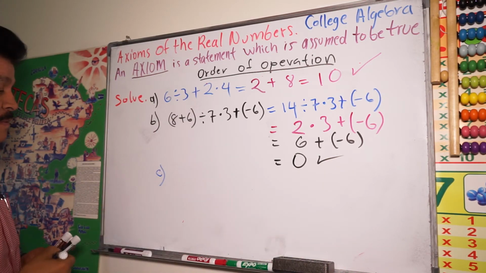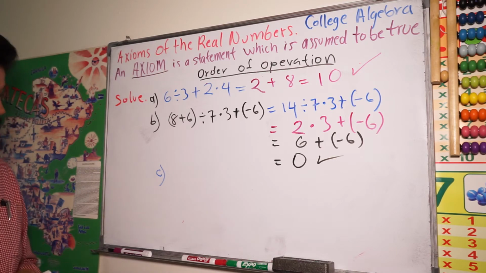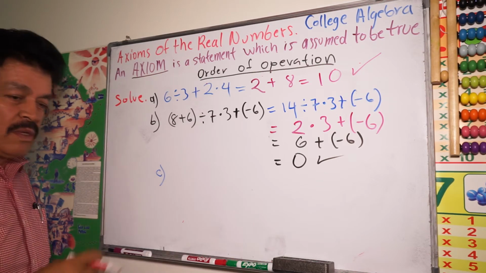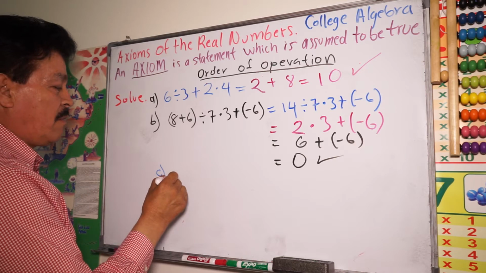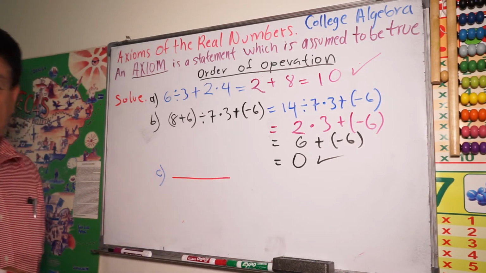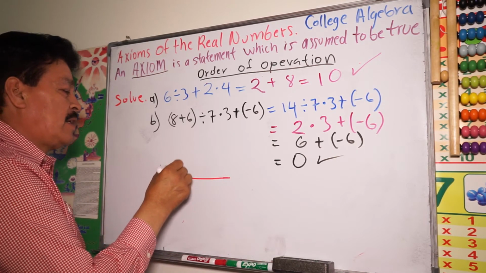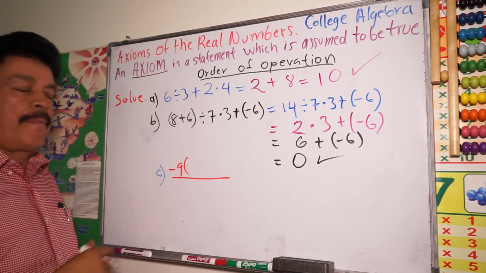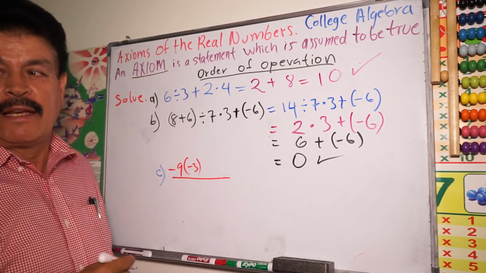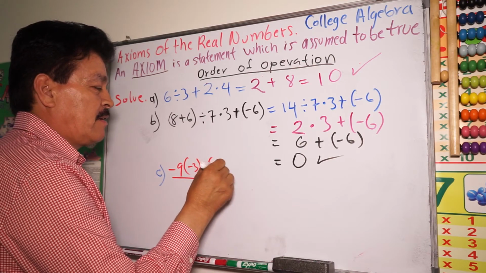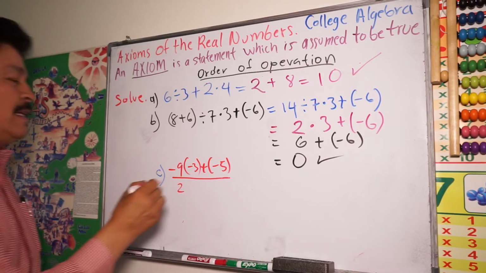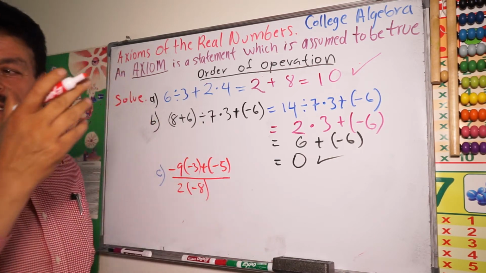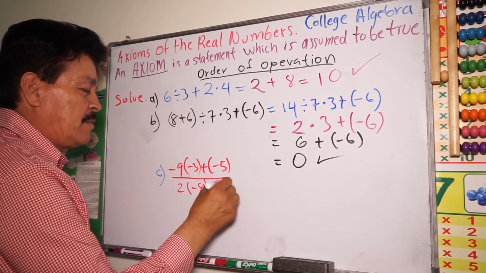Next one. Let's write another question. Remember the last rule, when you use the fraction bar. Let's do one fraction here. Negative 9 times negative 3, plus negative 5, divided by 2 times negative 8 minus 5 times 3.